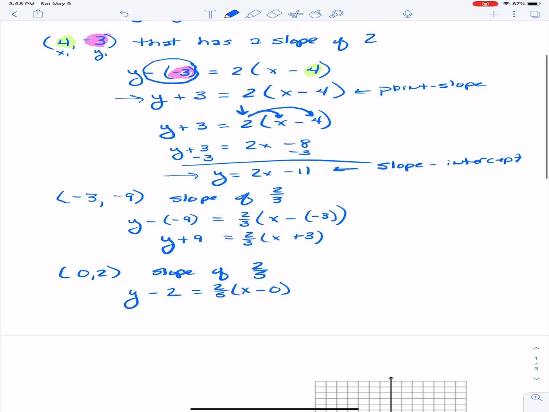Well, we don't want to leave this with the minus 0, so we're going to do the distributive property. So we get y minus 2 equals 2/5 x, and we leave it as that. Okay? Now, let's go on.